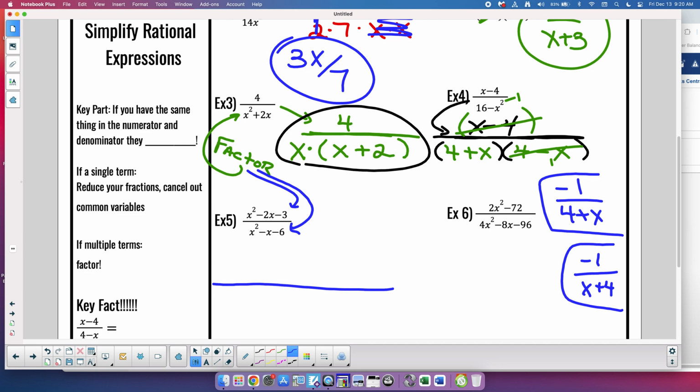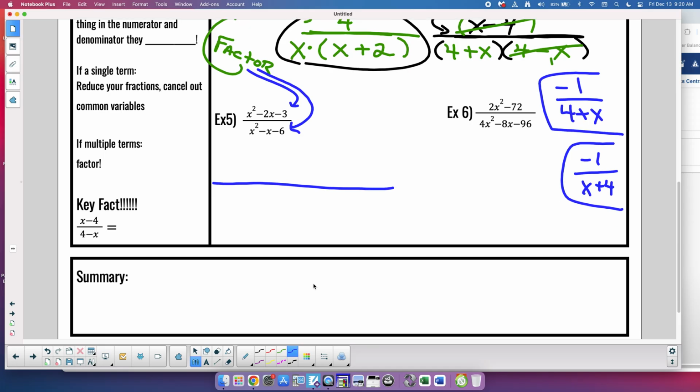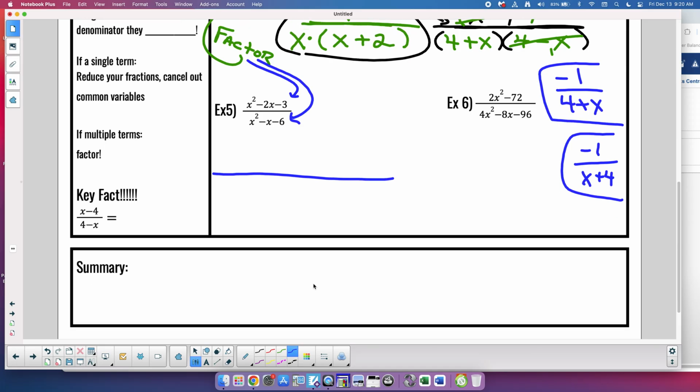This is where your factoring skills come in right now. Trinomials typically factor into binomials, right? You have to find two numbers that give you negative 3 when you multiply, but add up to negative 2.